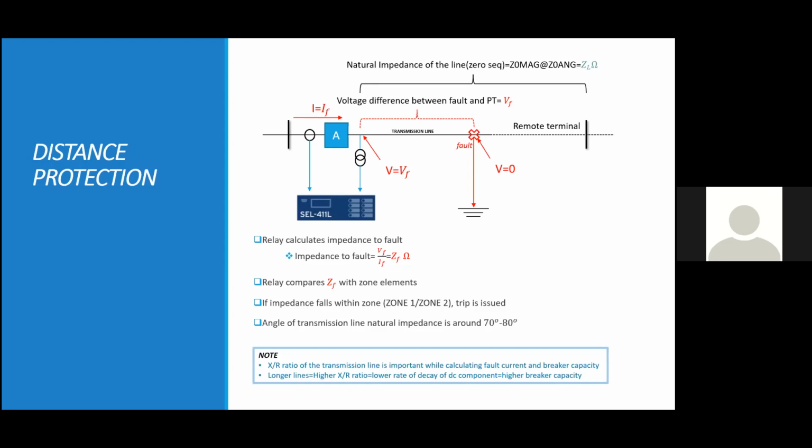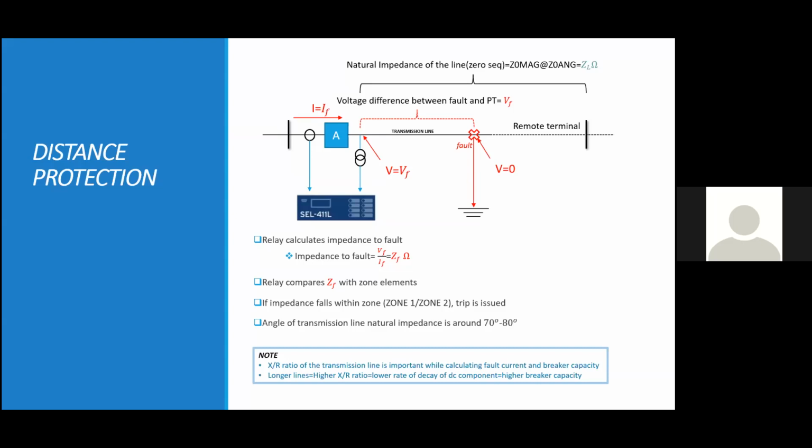And when a fault occurs, there is a DC component in the fault current also, and this DC component of the fault current is dependent on the X/R ratio. If you have a really long transmission line, the X/R ratio is very high.